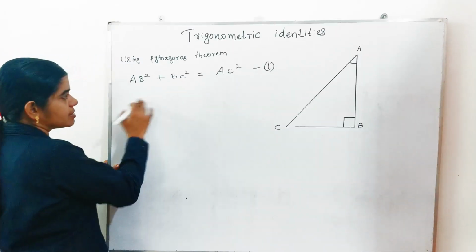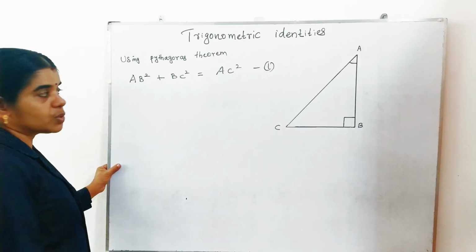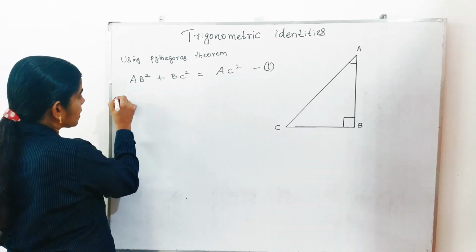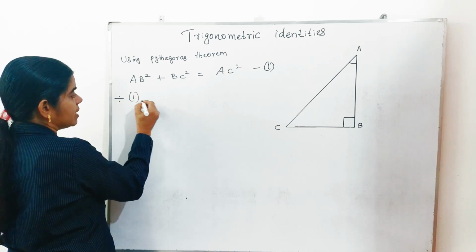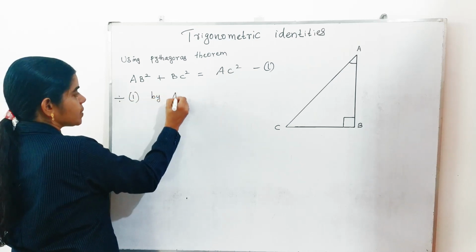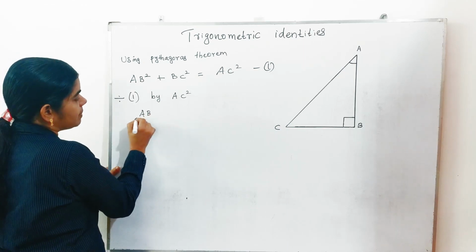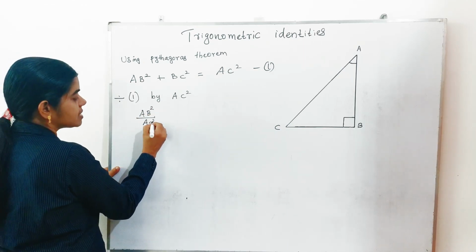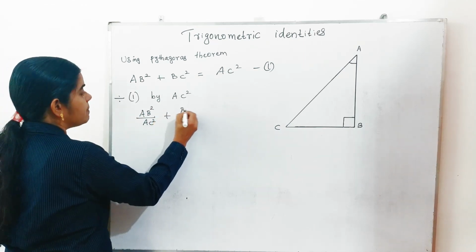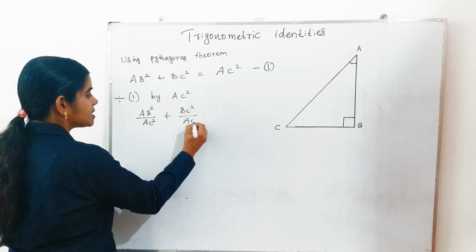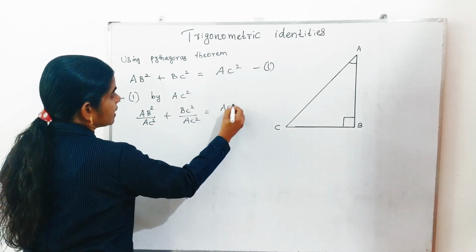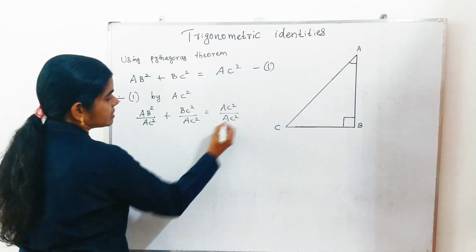We are dividing equation 1 throughout by AC square. Then what will be the equation? AB square by AC square plus BC square by AC square is equal to AC square by AC square.